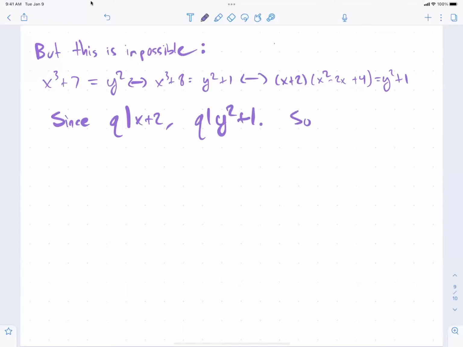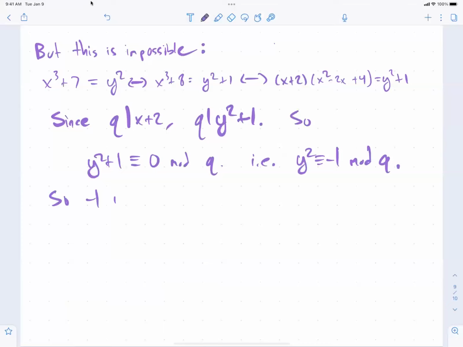So y squared plus 1 is congruent to 0 mod q, i.e. y squared is congruent to -1 mod q. So -1 has a square root mod q, where q is prime.